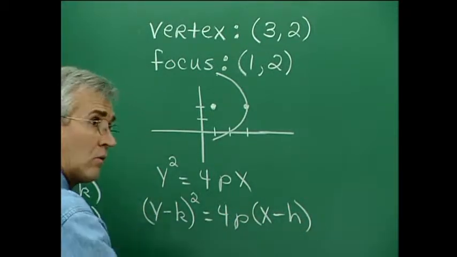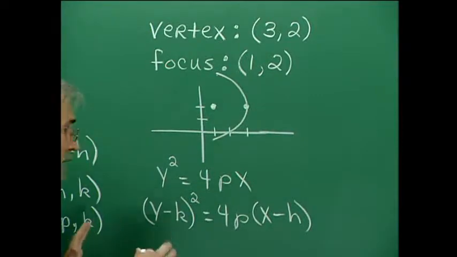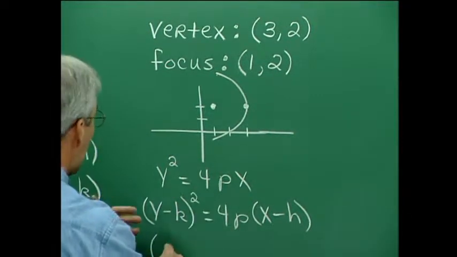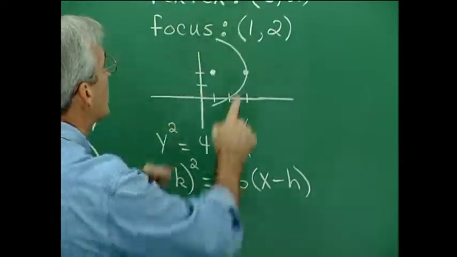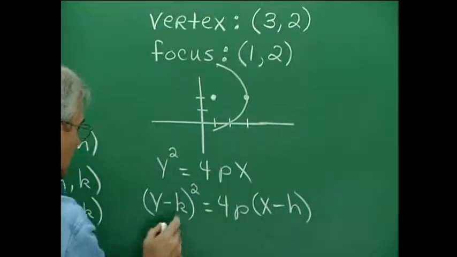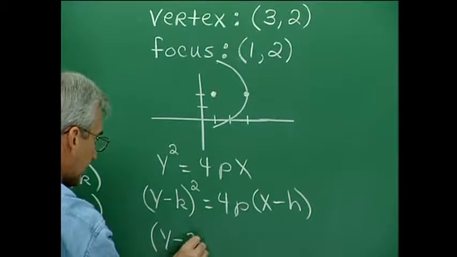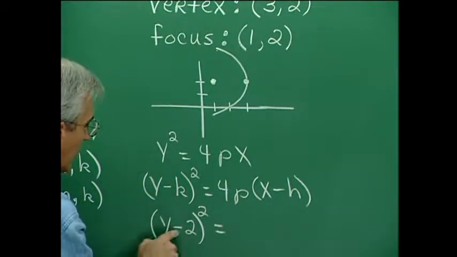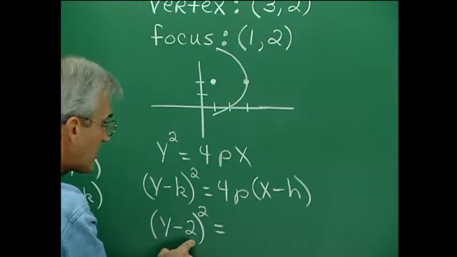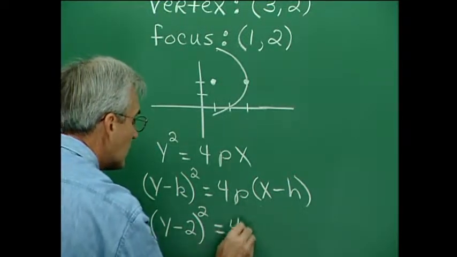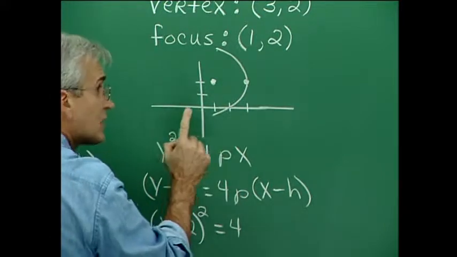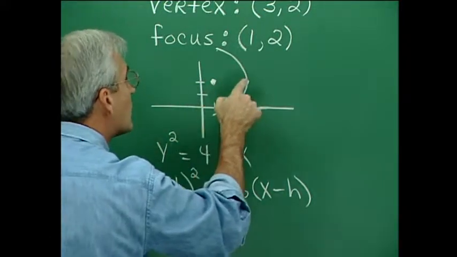And now, with the information that we have here, it's pretty easy because we just identify the coordinates of our vertex, which were (3, 2). So h is 3 and k is 2. Now notice that the k is following a minus sign here, as we would expect. And then we have 4 times the p value. Distance from vertex to focus, from here to there.